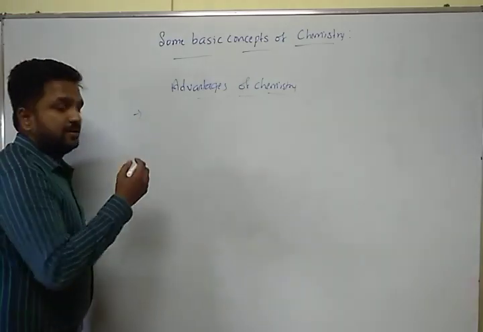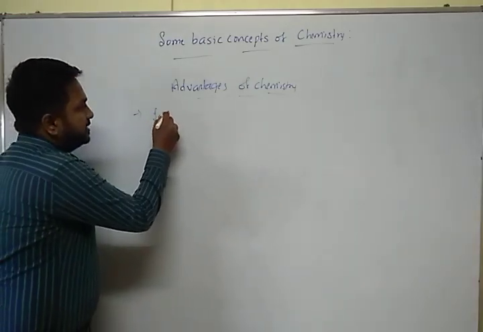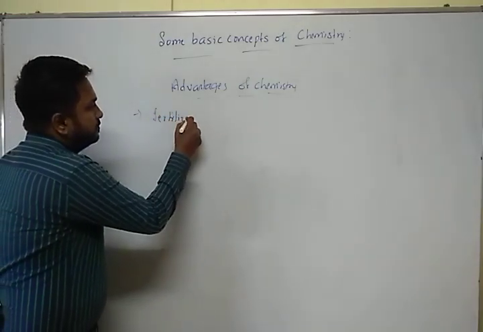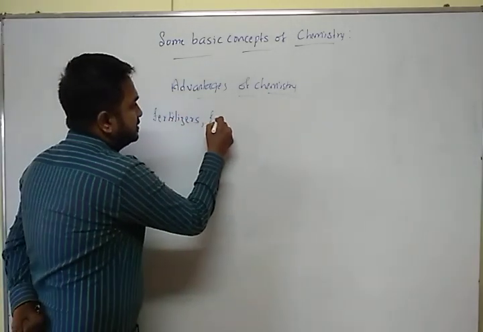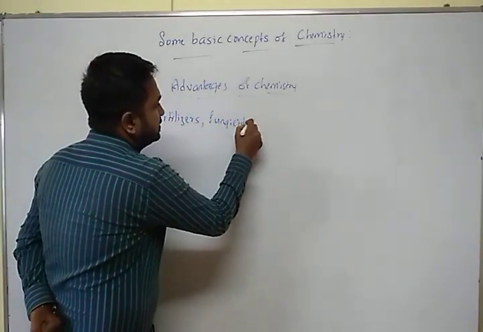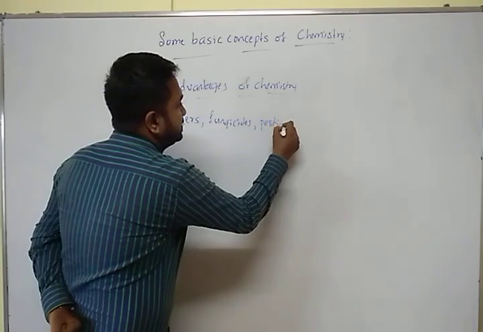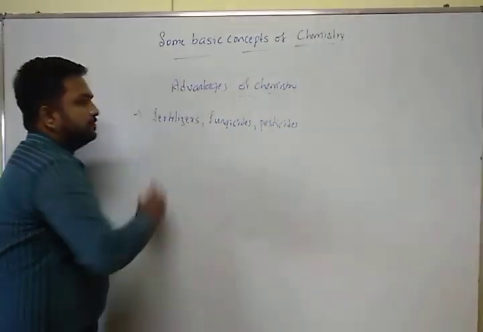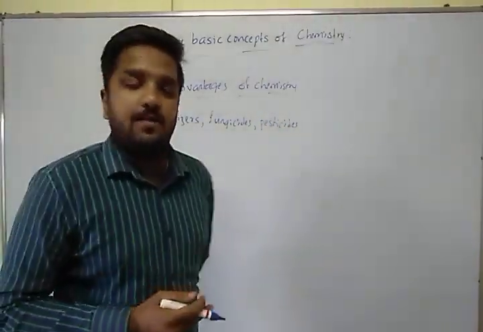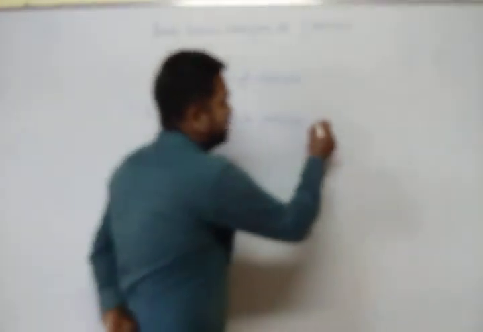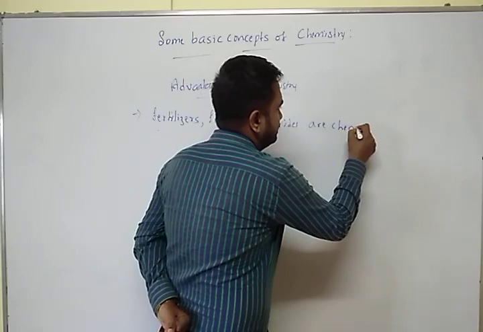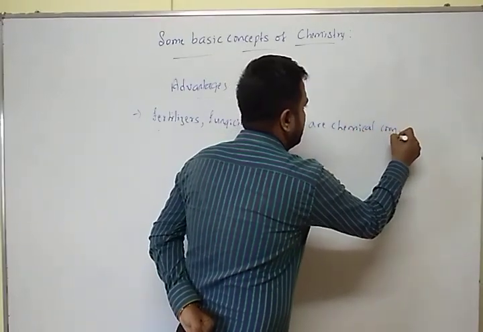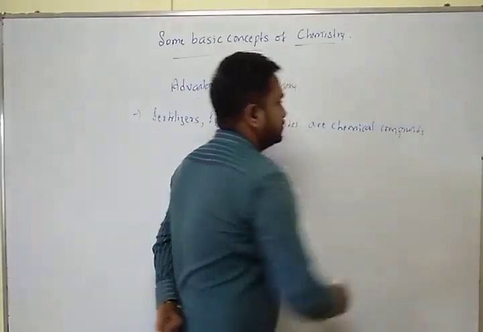So chemistry is helping the agricultural field in the form of fertilizers, fungicides, pesticides, which we use for maintaining the quality of crops. These fertilizers, fungicides, and pesticides are chemical compounds. So we need chemistry in the agricultural field also.